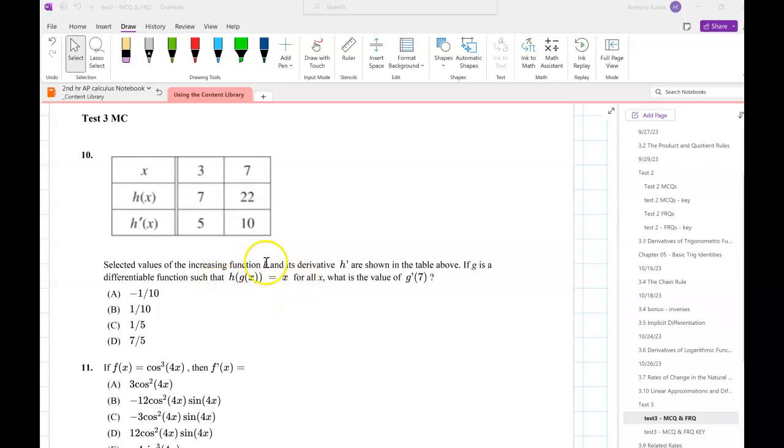So when I see this, what's another way I can say h of g of x is equal to x? What else does that mean if this is true? This is an Algebra 2 topic that we expect you to remember.